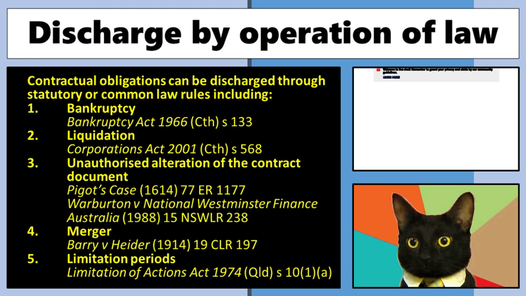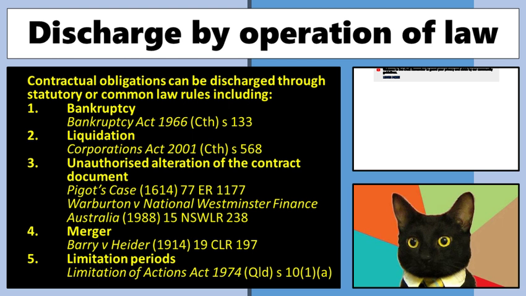But there are some rules at common law that do say if there is a written contract and there is dispute or doubt over it, and there's two contractual documents, that can actually discharge the obligation if you can't determine which of the two documents is the actual or correct one.